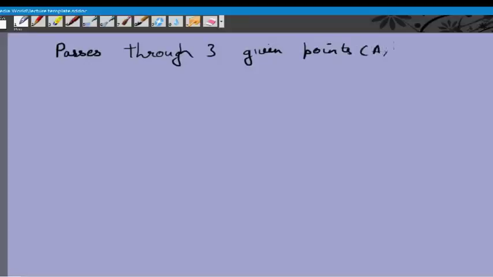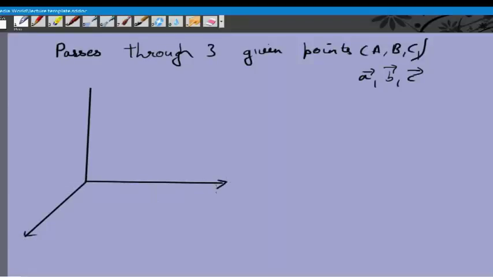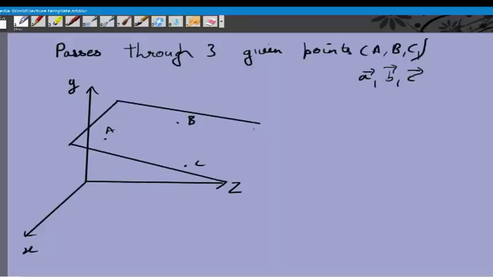Let's say A, B and C with position vectors A, B and C. Let's say we have just 3 points A, B and C, and we need a plane passing through all the 3 points.